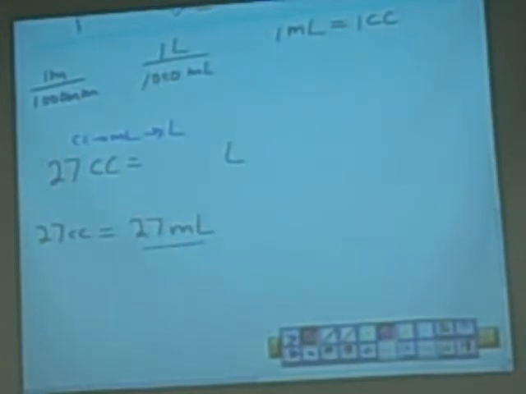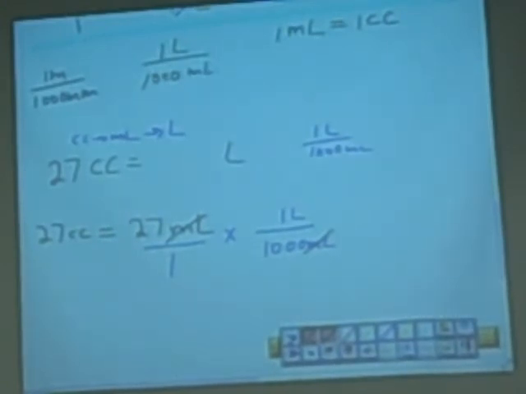Now we have 27 milliliters over 1. Is this going to be 1 milliliter or 1 liter over 1,000 milliliters? It's 1 liter over 1,000 milliliters, because we want the milliliters to cancel. I like to put the milliliters first. And milliliters cancels, so now we're dividing by 1,000.